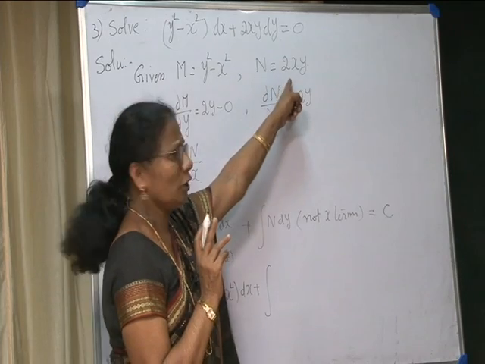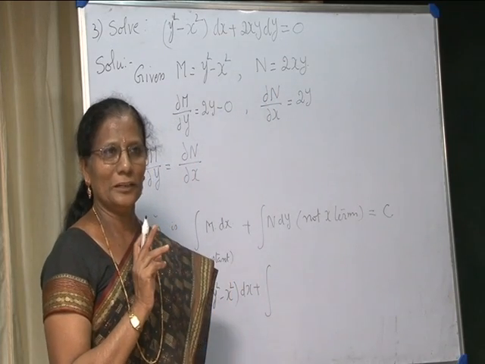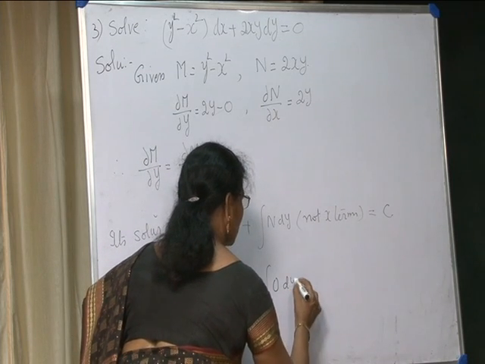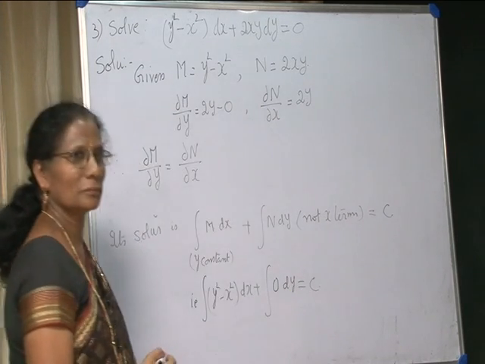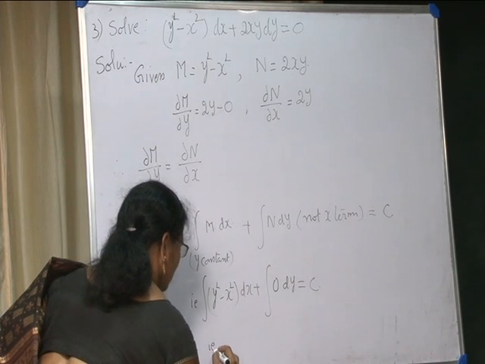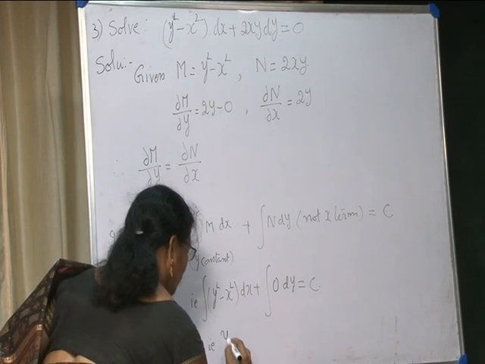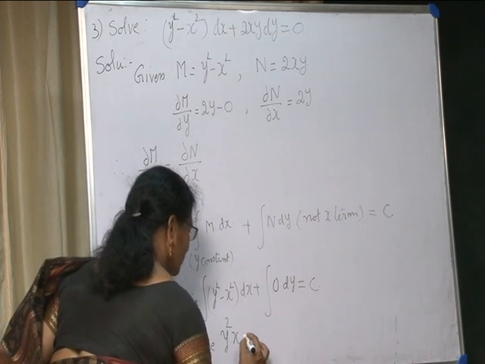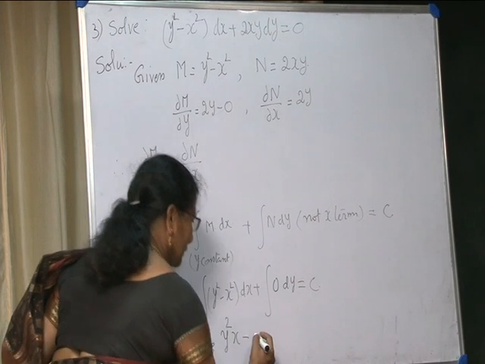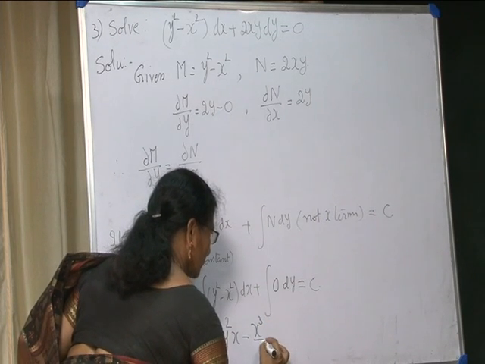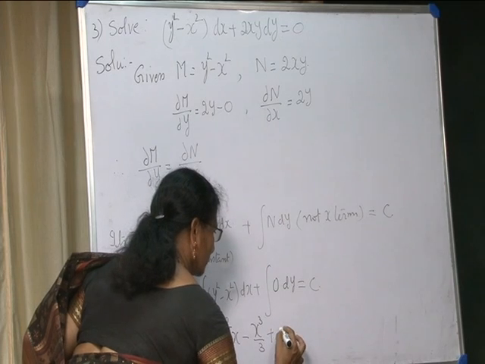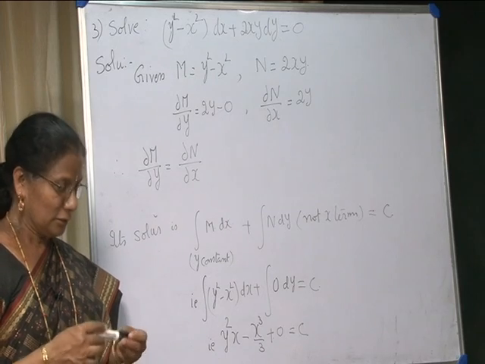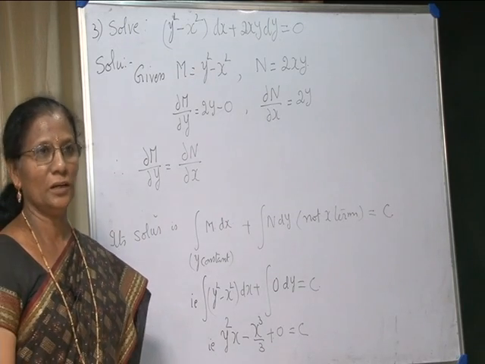Only one term is there, and it contains x, therefore it is 0, is equal to c. That is, y squared is constant, integration of 1 with respect to x, minus integration of x squared with respect to x. So, this is the solution of the given differential equation.